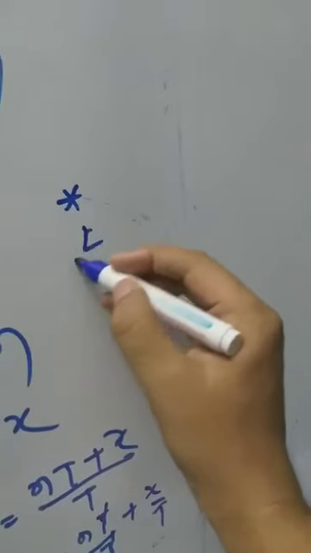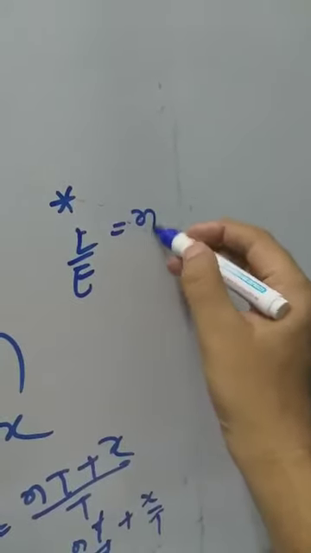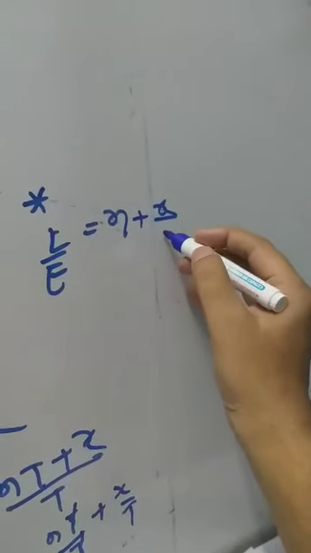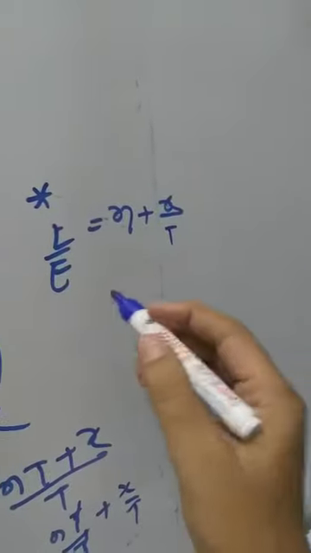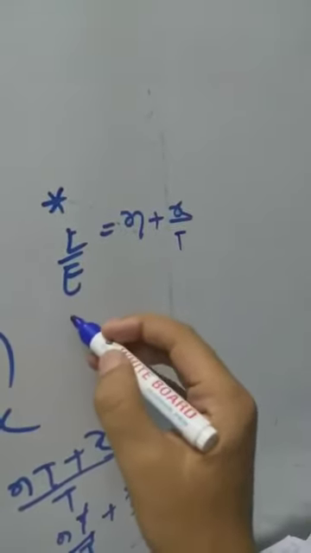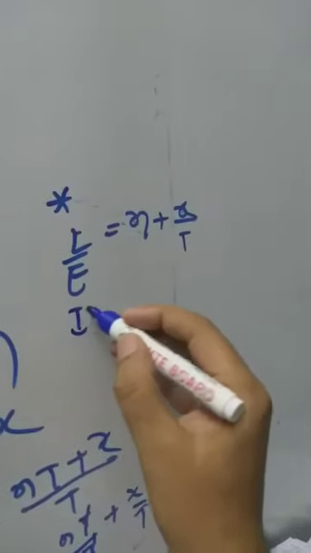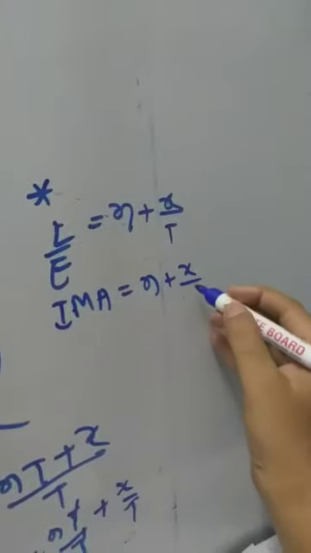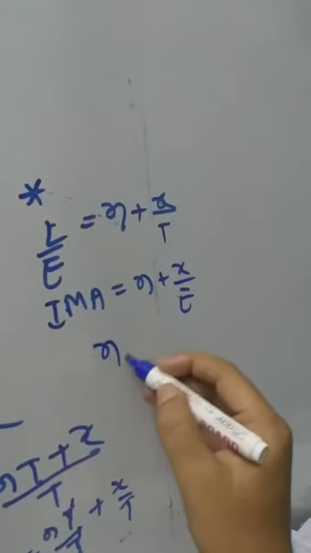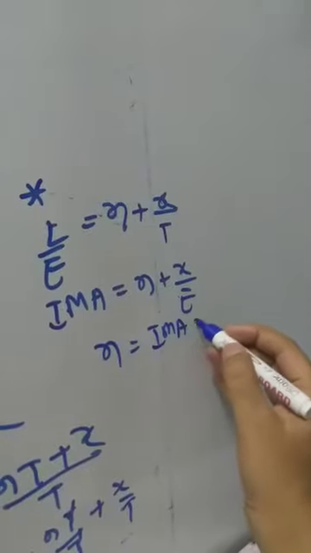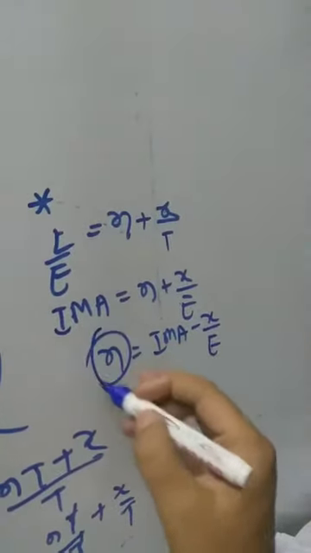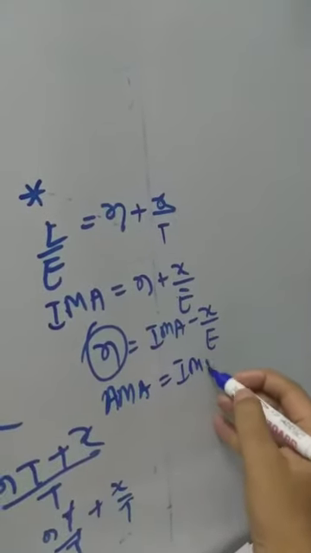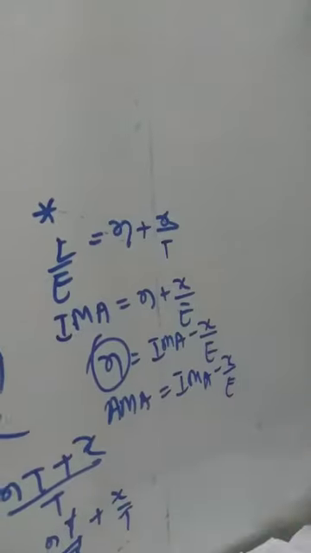So L by E is equal to N plus X by T, or L by E is the mechanical advantage. Ideal mechanical advantage is equal to N plus X by T. In place of T I am writing E. So N is equal to ideal mechanical advantage minus X by E. So this is the actual mechanical advantage, which is ideal mechanical advantage minus X by E.